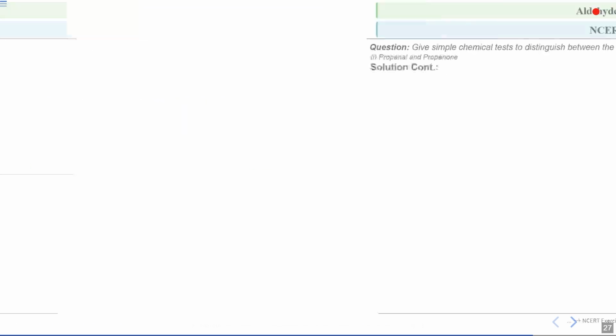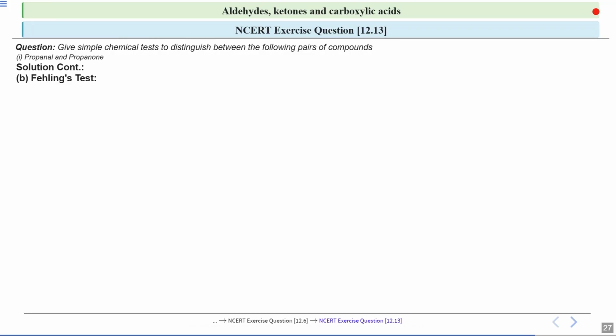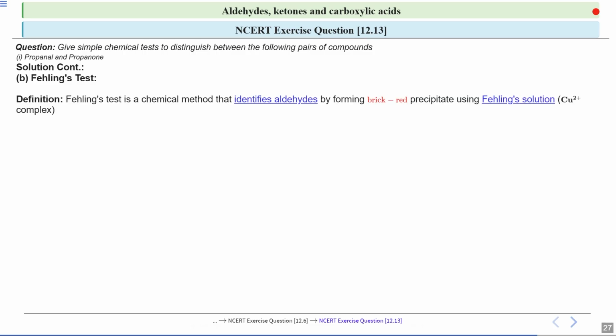Now we will see the next part. Now we will see Fehling's test. Fehling's test works by using a special solution, which is called Fehling's solution, which contains copper ions.